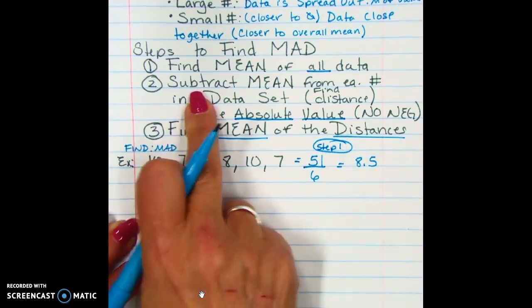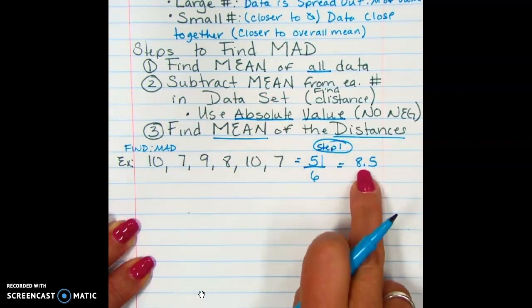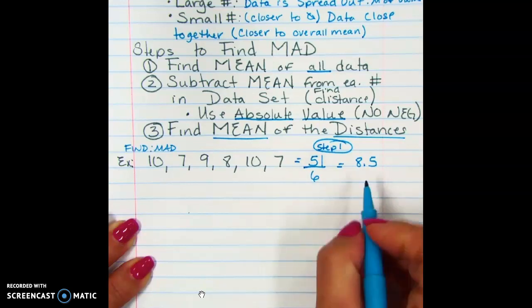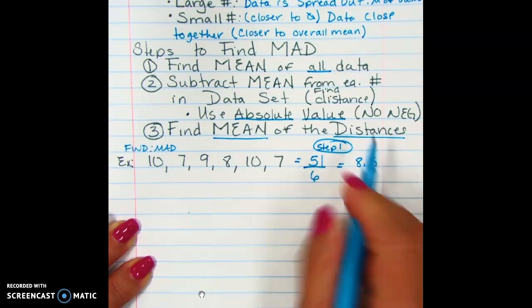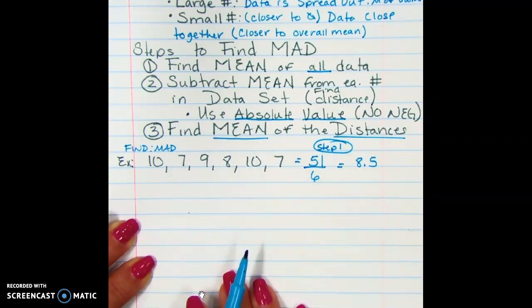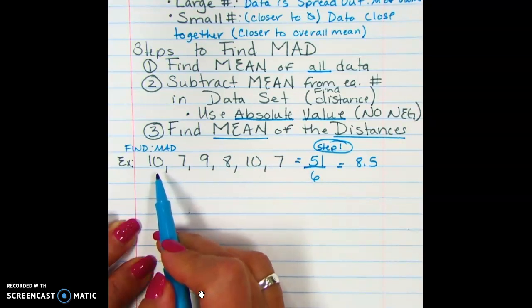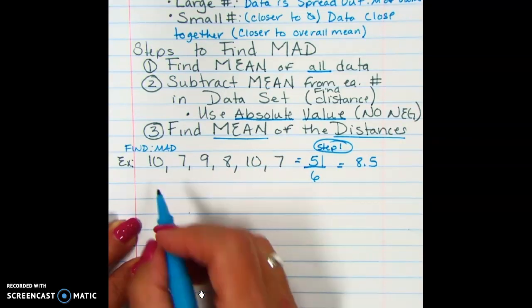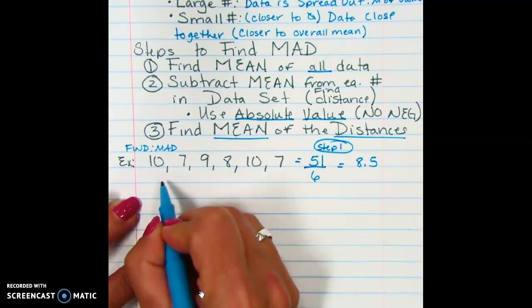Now step two. We're going to subtract the mean, 8 5/10, from each number in the data set. Here are my numbers. I'm going to make my life a little easier and write my number down here.